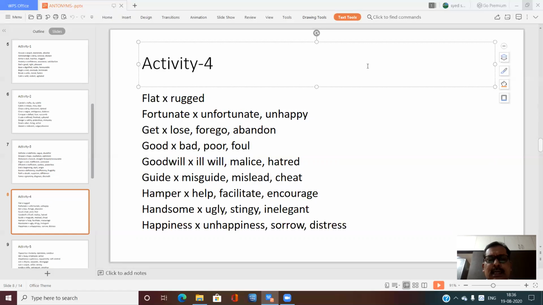Opposite words: ugly, stingy, inelegant. These are the different shades of opposite words. Happiness, opposite words: unhappiness, sorrow, distress.